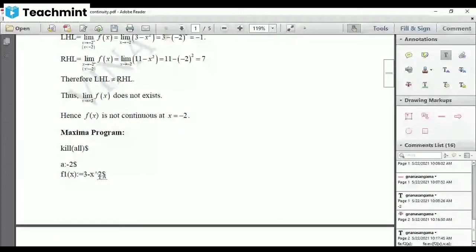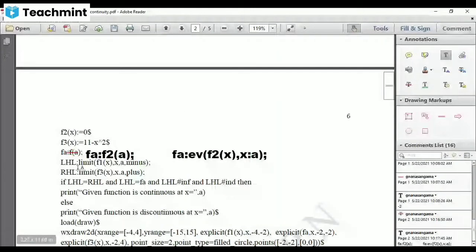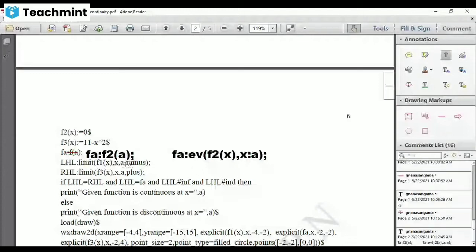But that 3 minus x square is stored in f1 of x. So LHL colon, I'm assigning LHL the value limit of f1 of x, comma, variable x, comma, a, comma, minus. Minus indicates x approaches from the left, semicolon.